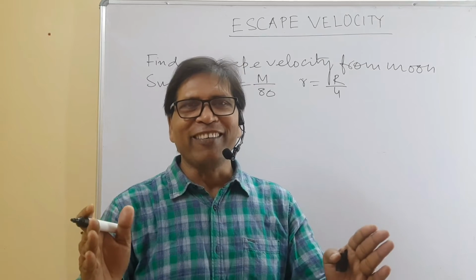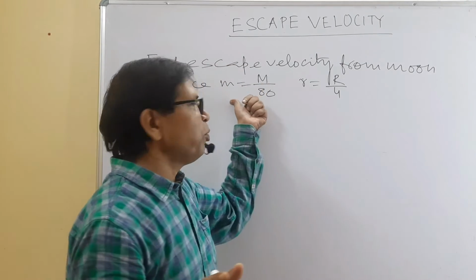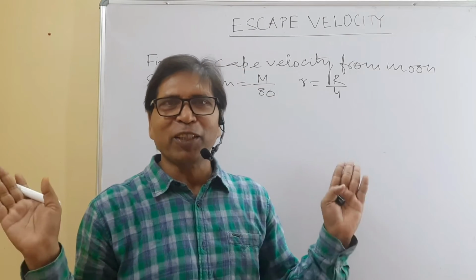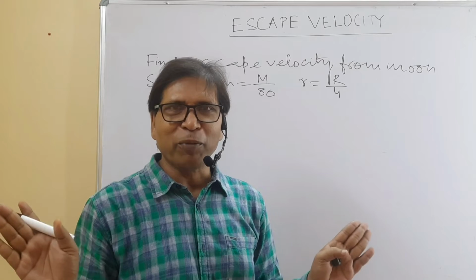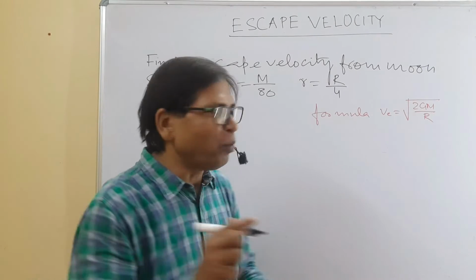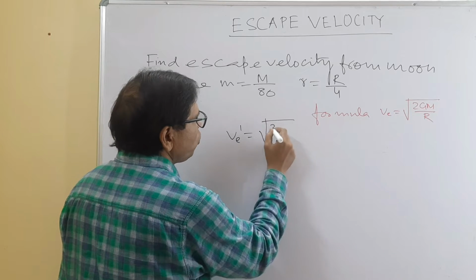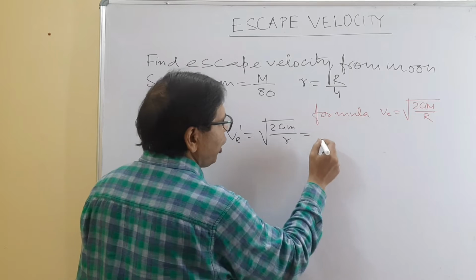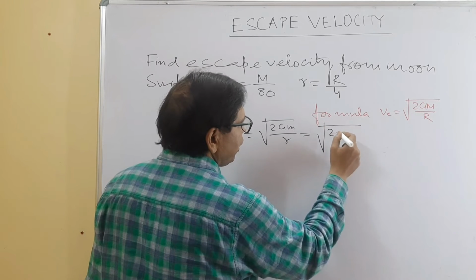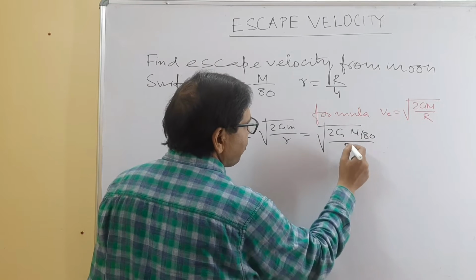We have to calculate the escape velocity from the Moon's surface, where the mass of the Moon is 1 by 80 times the mass of the Earth and the radius is 1 by 4 times that of the Earth. For the Moon's surface, V_E dash is equal to root over 2GM by R. Now put the values of small m and small r: 2G into M by 80 divided by R by 4.